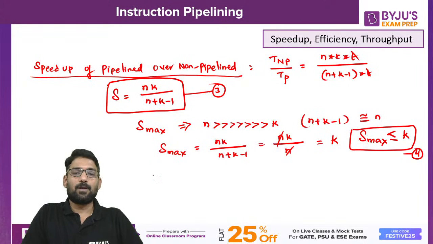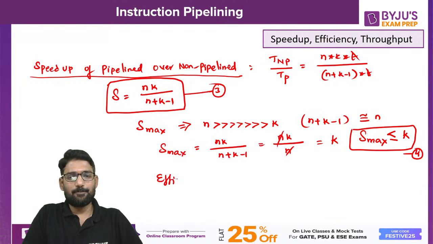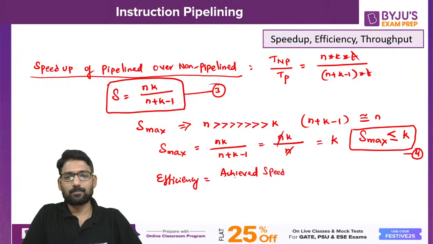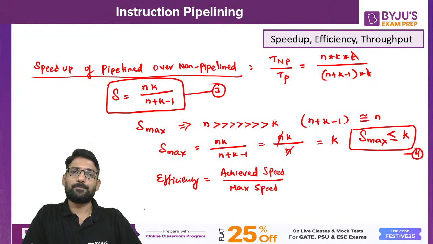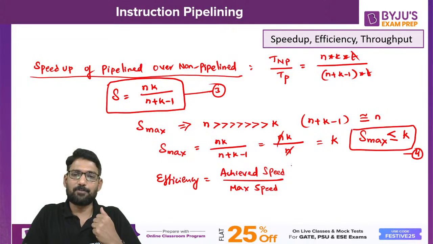Now, how can we calculate the efficiency of the pipeline? Achieved speed up over maximum speed up. Right? Achieved marks divided by total marks. That is how you get our performance.